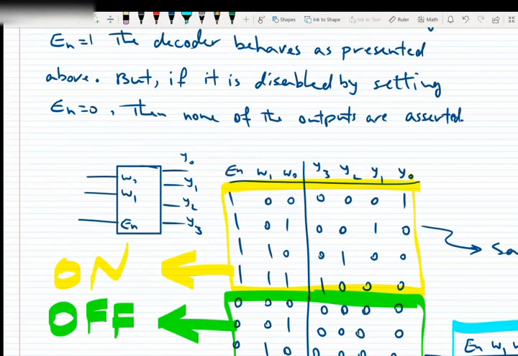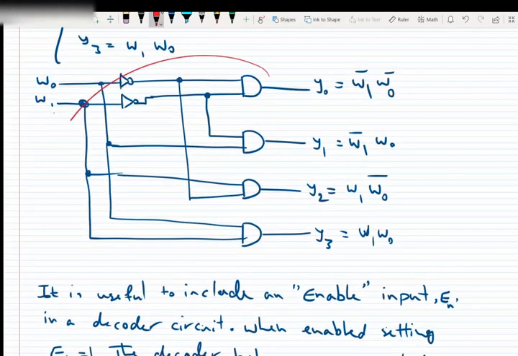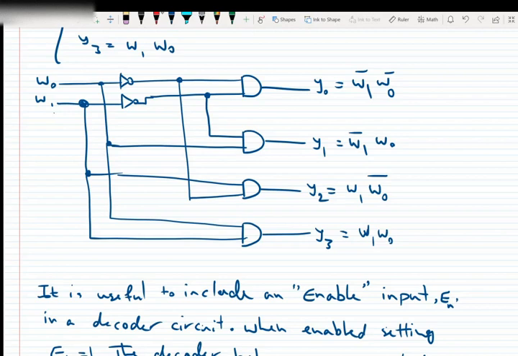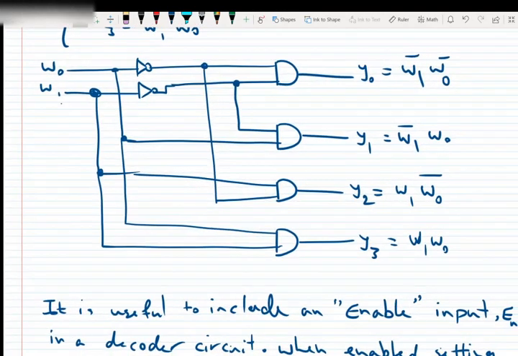Okay, so let's look at the internal configuration of this circuit. We already saw the design for the 2x4 decoder, but including the enable, let's add an enable input to this circuit. In order to add an enable input, we need a simple modification. I show this modification with a red pen. So we add another input, enable, and convert these two-input AND gates to three-input AND gates and connect this enable to all of them.